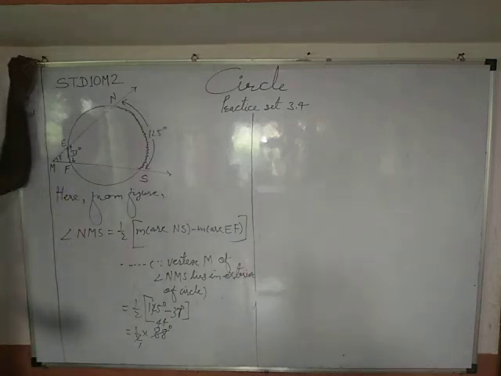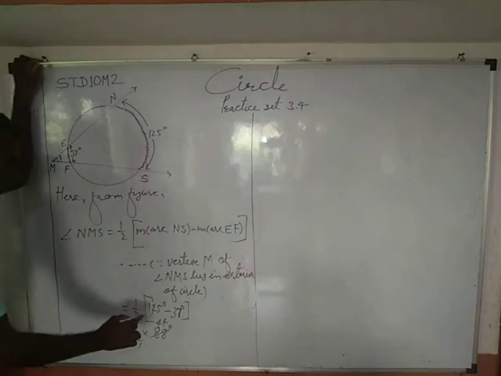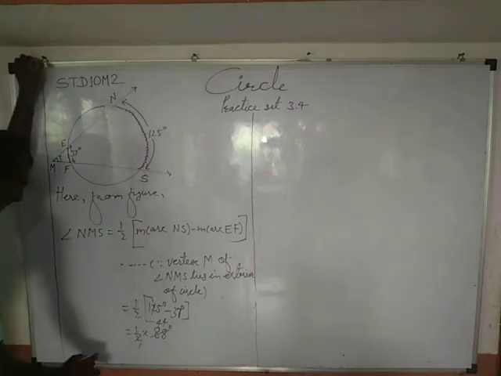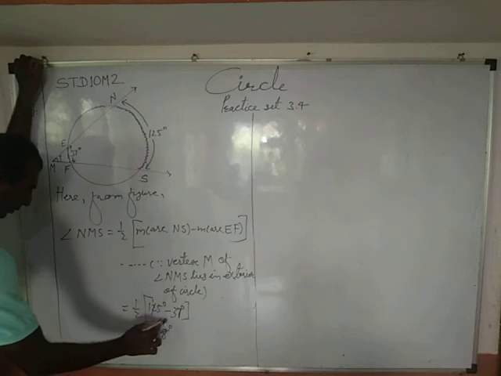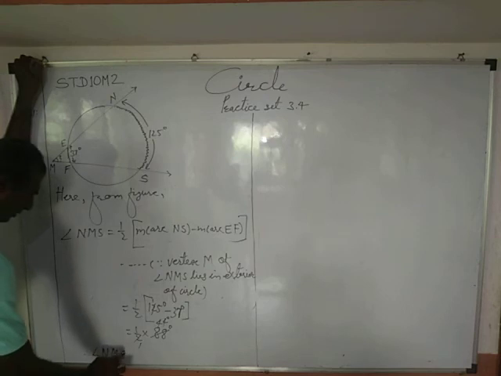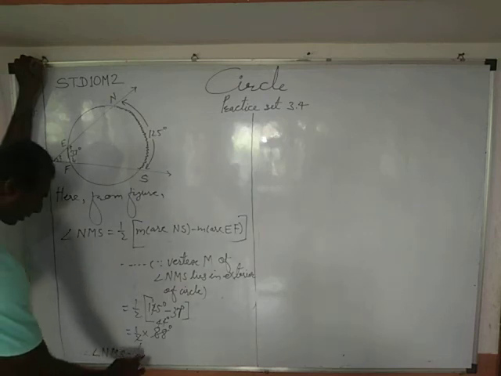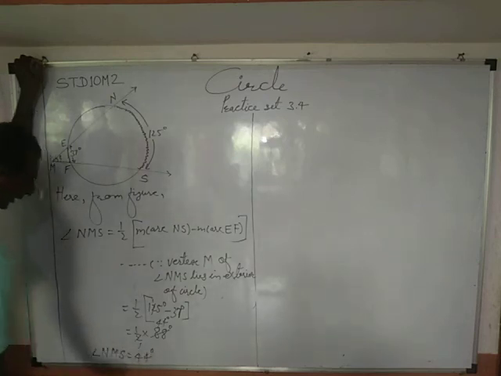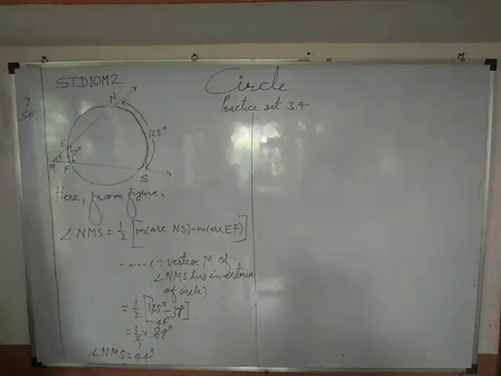Okay. Now therefore, we can mention there angle NMS equals 44 degree. Okay, angle NMS equals 44 degree.